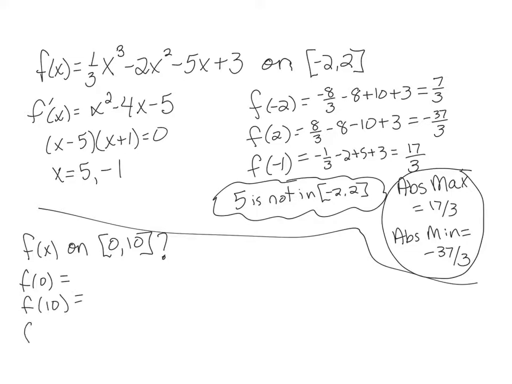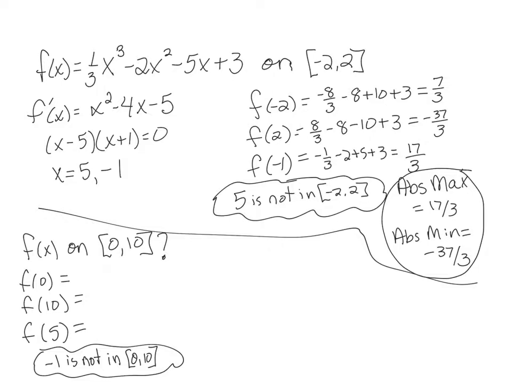So we're going to check our endpoints and the 5. -1 is not between 0 and 10, so we're not going to bother with that one. Plug in the 0, easy enough, we get a 3. Remember, we're plugging it into the original equation.